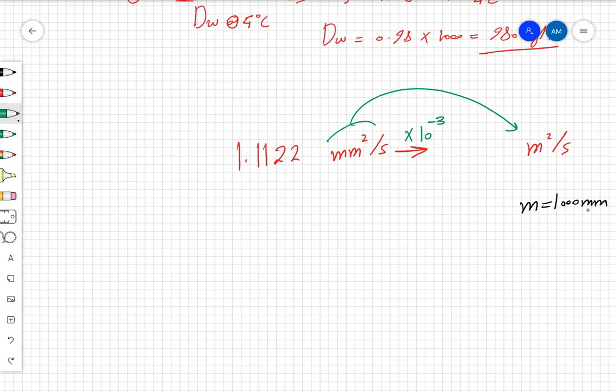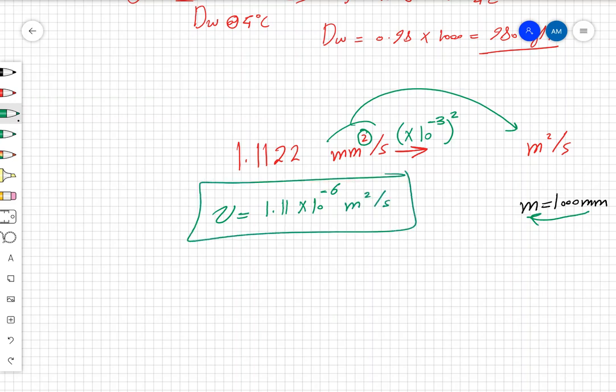Because we want to go this way. But don't forget that we have here millimeter squared. So we should also square the conversion. So we will multiply by 10 to the negative power 6. So the kinematic viscosity will equal 1.11 multiplied by 10 to the negative 6 meter squared per second. Understood?